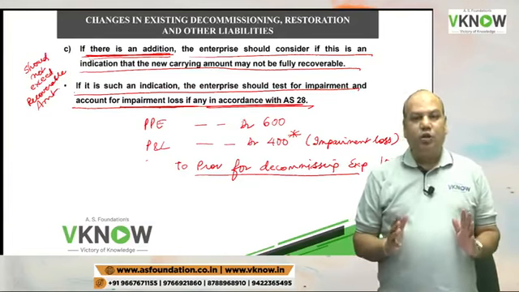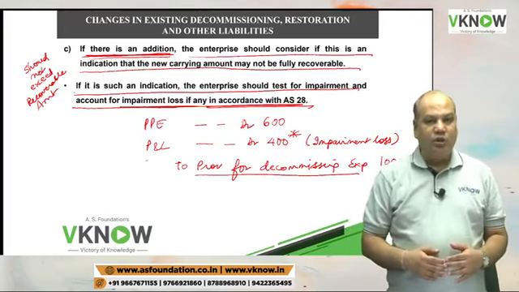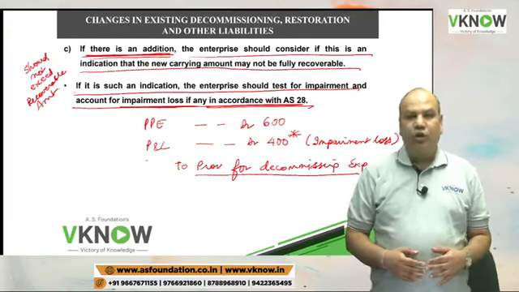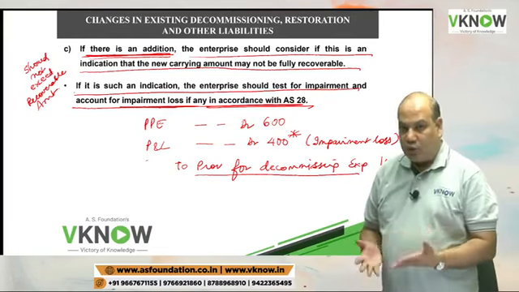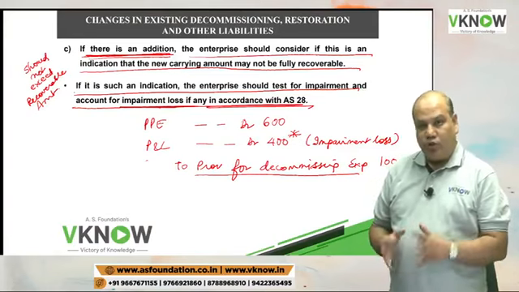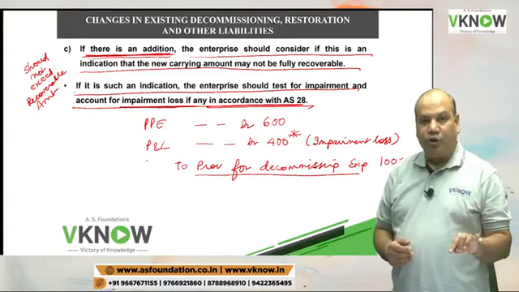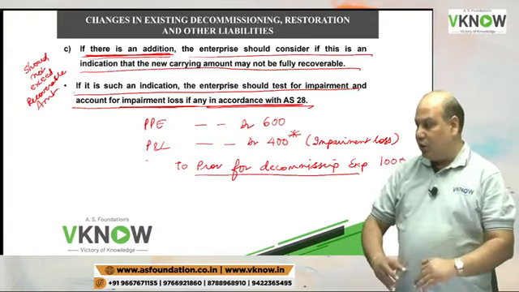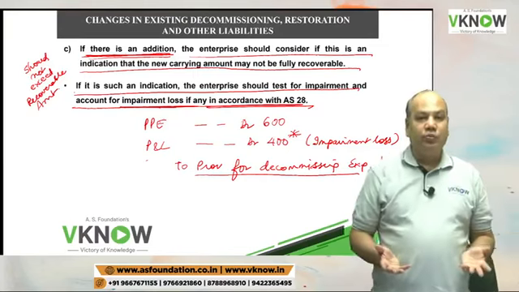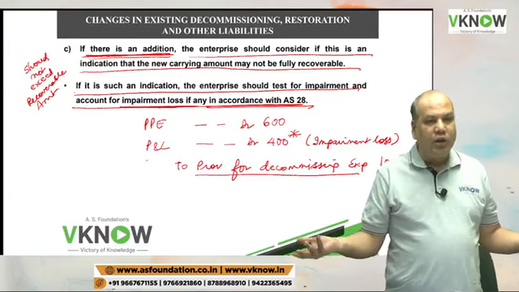Now, this is a little complex accounting of decommissioning liability, usually not asked in the intermediate exam. But what they don't ask is more important. What they ask is important, but what they don't ask, yet is a part of your syllabus, they can suddenly ask you, and then you will be caught unaware, and you can't give the 10-mark answer.